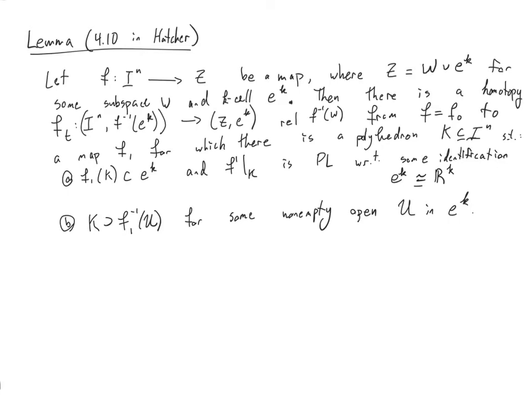So here is the formalism that will let us do this. I really want to line up this lemma to look like what we care about before. So we're looking at a map F from I^n, which is our replacement for D^n, but we want it identified with this rigid linear subspace, right?